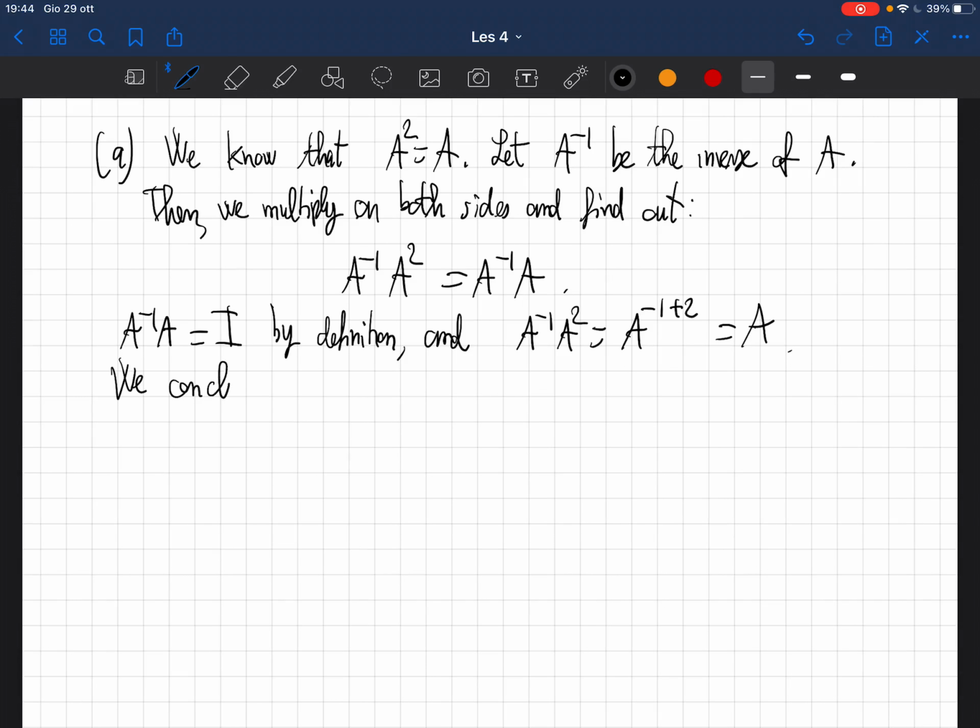We conclude that A is equal to the identity as claimed. Okay, this is a nice proof.